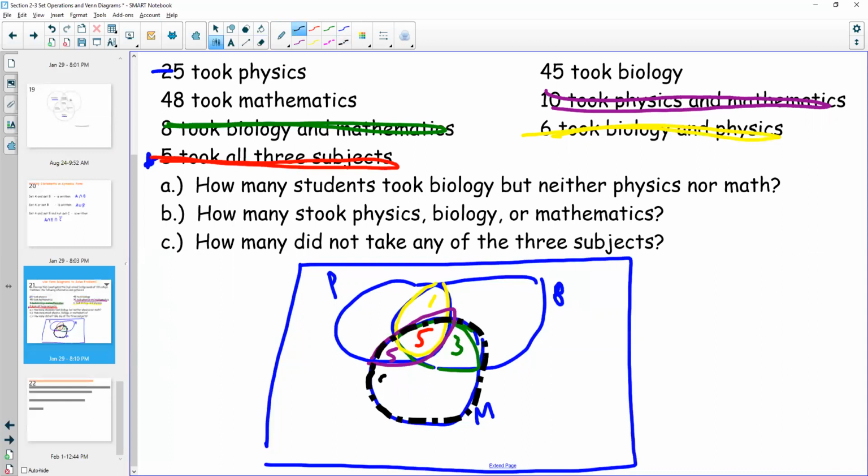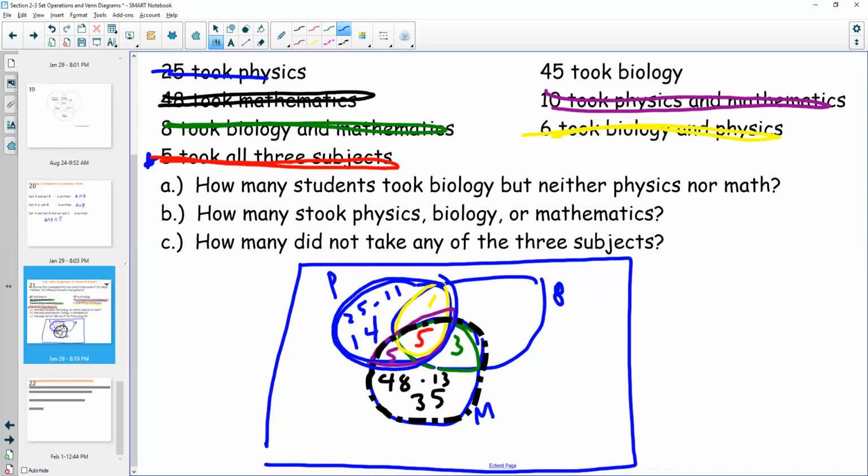So 48 minus 13 gets me 35. Okay, let's do physics. This is the whole physics circle right here. I have 5, 5, 10, 11. 25 kids took physics. So 25 minus 11 gets me 14.